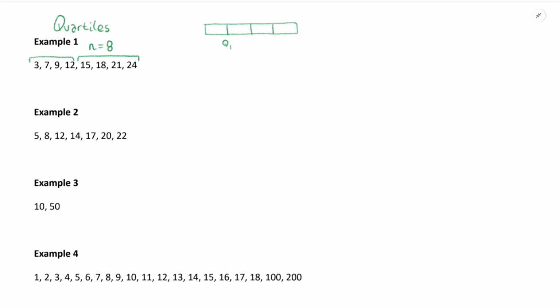So quartile 1 is located on the first 25%. So all of these are 25%. Quartile 2 is the middle, and quartile 3 is the top, representing 25%, 50%, and 75% of the data.